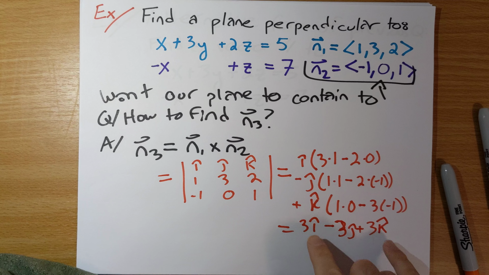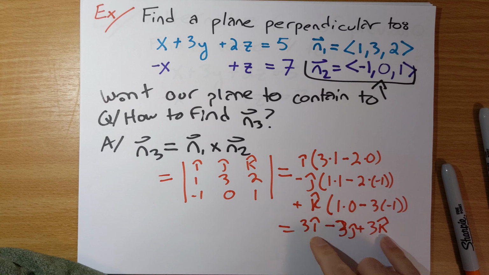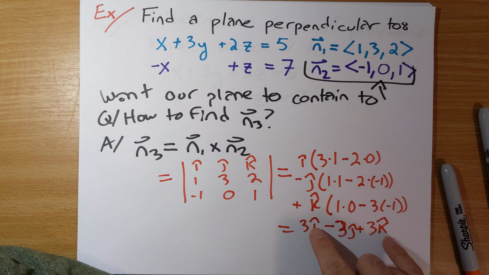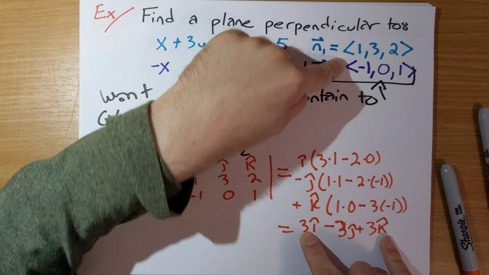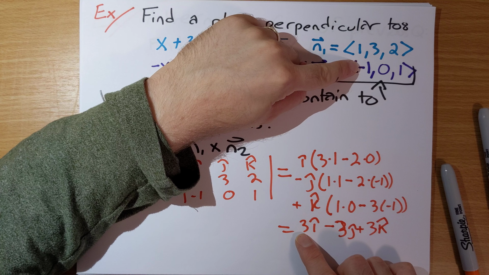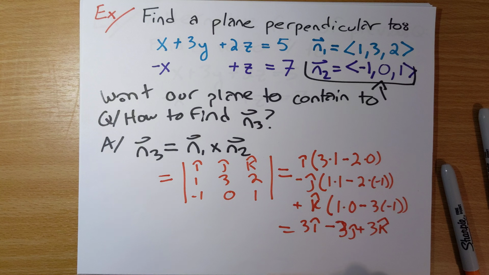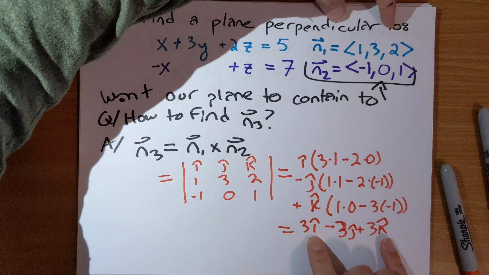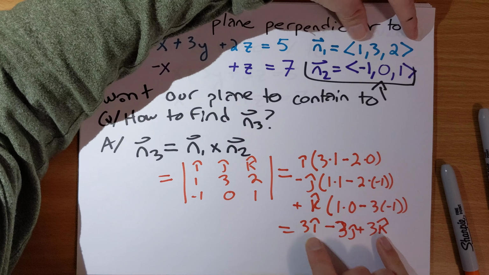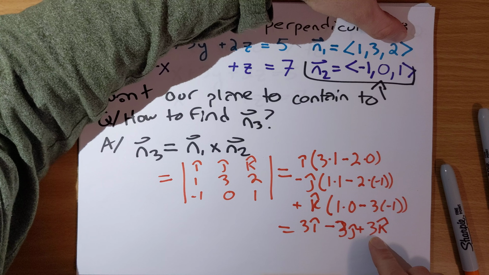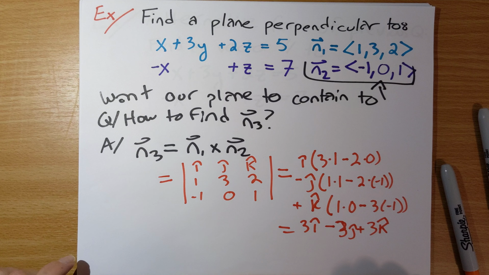Real quick, it can be good to do a sanity check. Is this orthogonal to both of these? Well, we do n3 dot product n2. 3 times negative 1 is negative 3 plus 0 plus 3. That gives us 0. n3 dot product n1: 3 minus 9 plus 6 is also going to be 0.